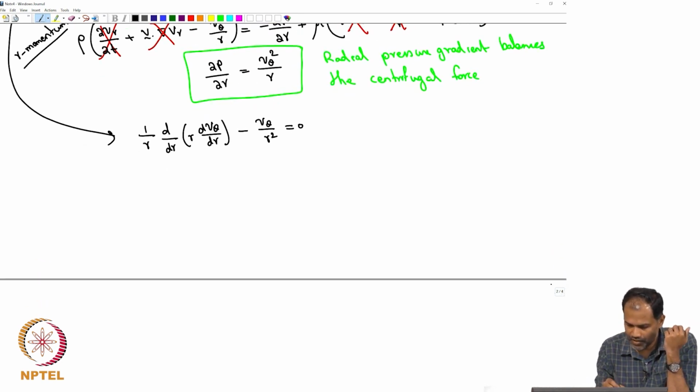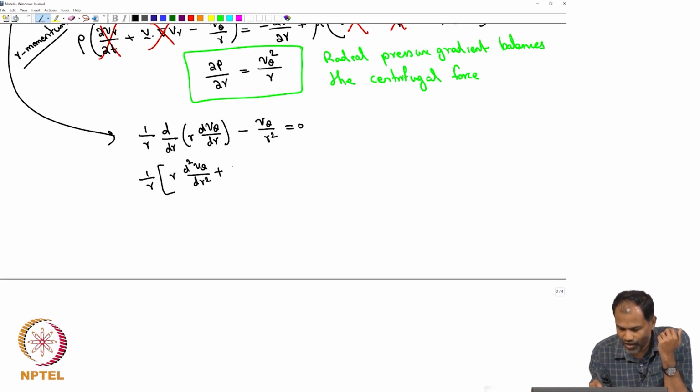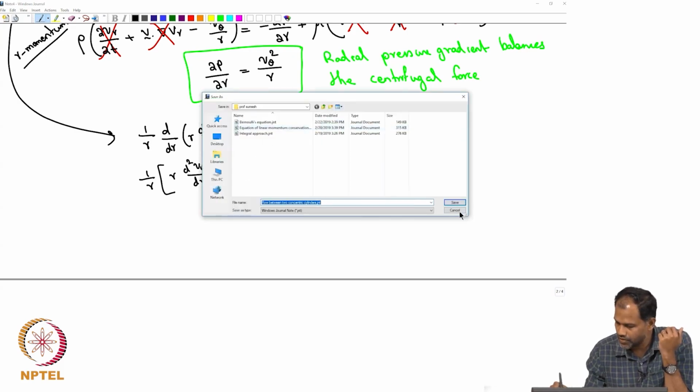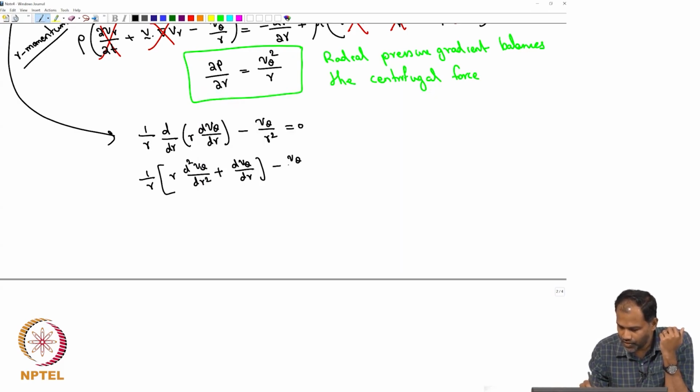I will do the differentiation: 1 over r into d square v theta by dr square plus the derivative of r, which is 1, times dv theta by dr, minus v theta by r square is equal to 0.